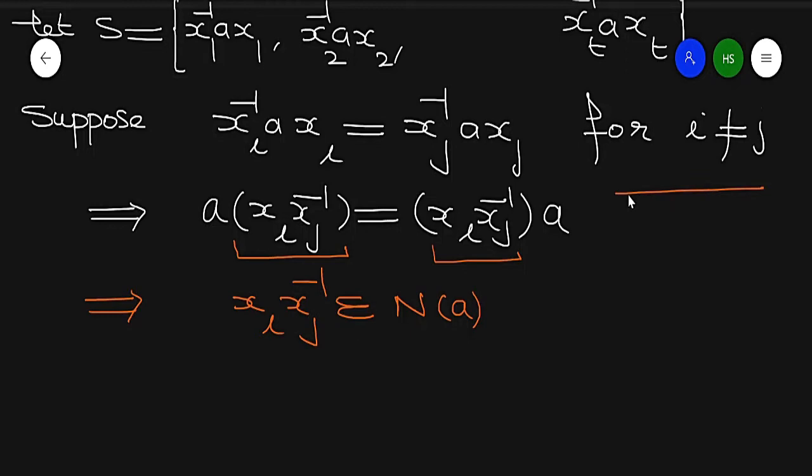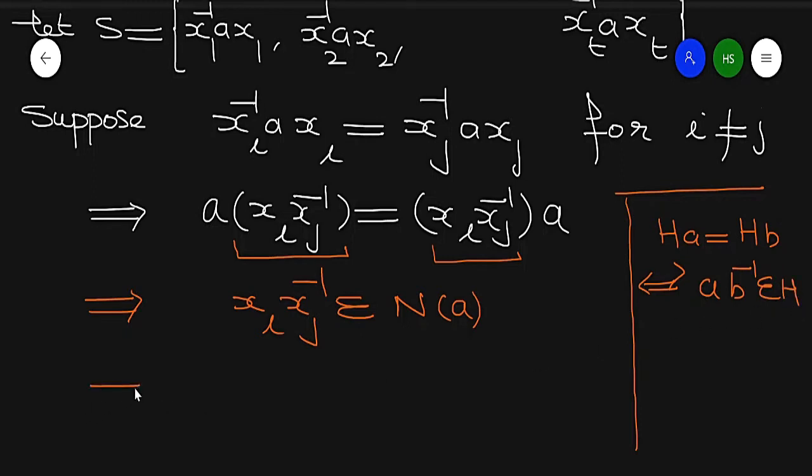Now again using the definition that Ha equals Hb if and only if ab inverse belongs to H, using this concept, it implies N(A)xi equals N(A)xj.